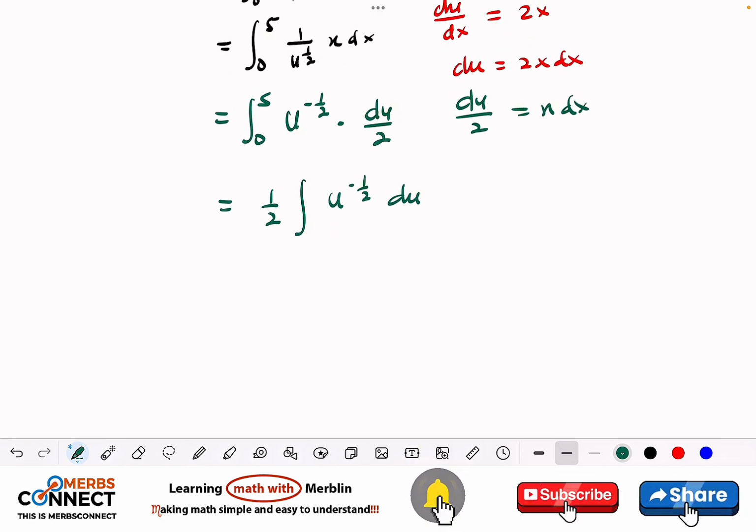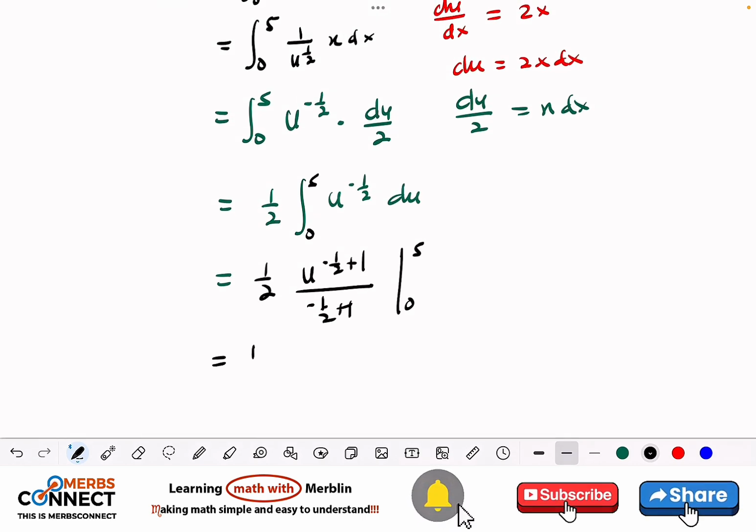Interesting. Then let's finish it up. This is 1 over 2 u to the power minus 1 over 2 plus 1 divided by minus 1 over 2 plus 1. Integration from 0 to 5. Now this is 1 over 2 u to the power 1 over 2 divided by 1 over 2.